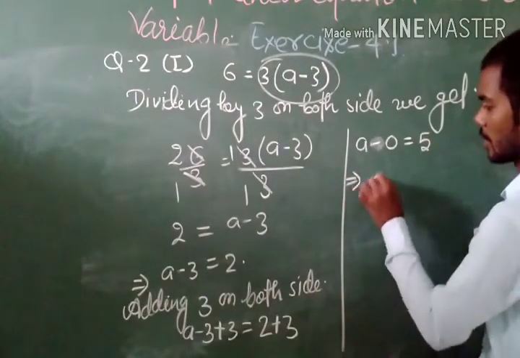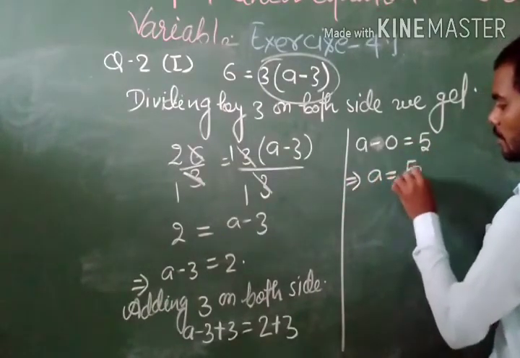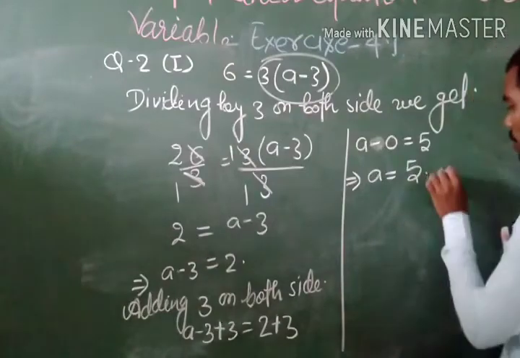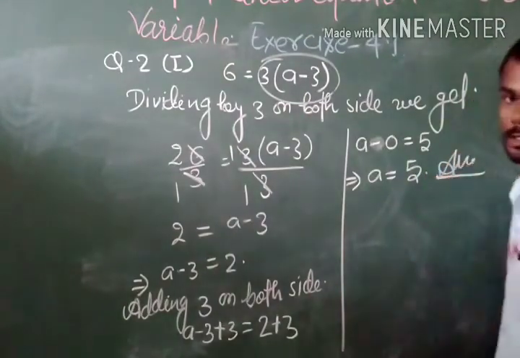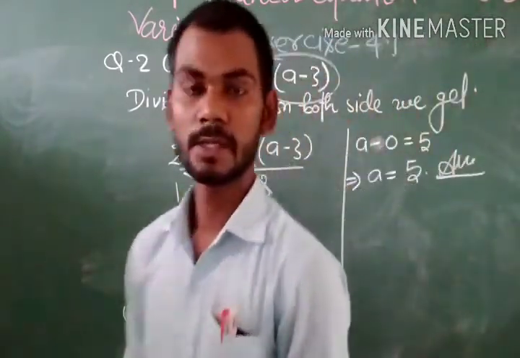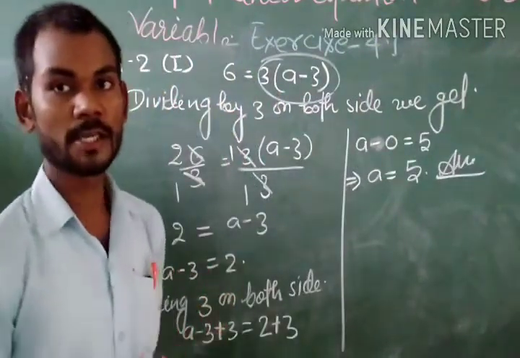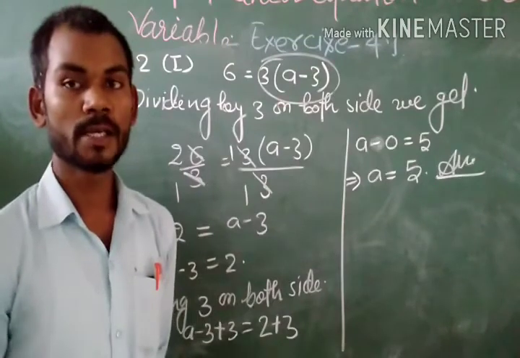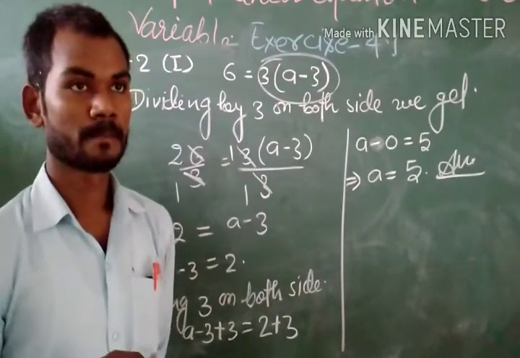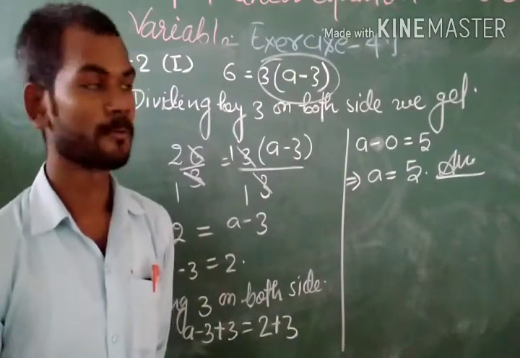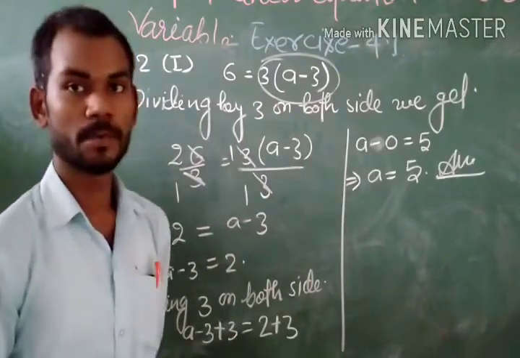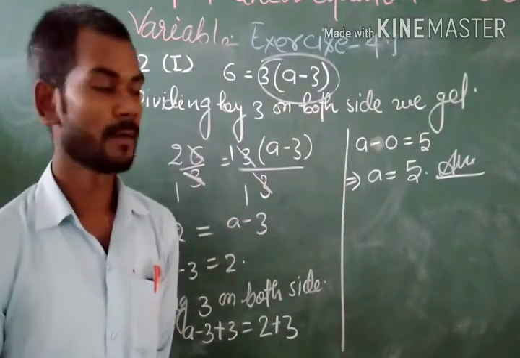This implies a is equal to 5, which is the required answer. This is the method of solving a linear equation in one variable by simultaneous operation on both sides of the equation. I hope you get everything.